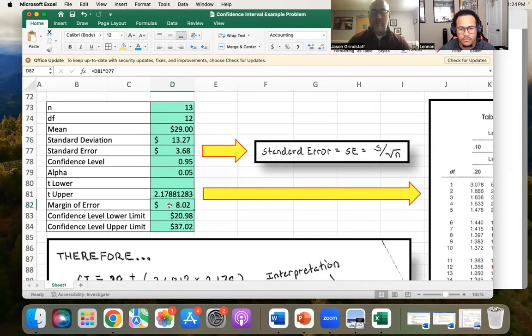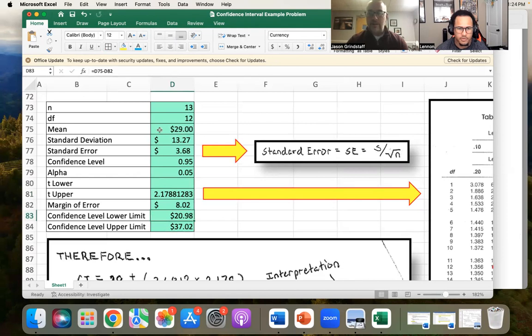So how did I get 8.02? I took my confidence level times standard error equals $8.02. You see? So now that $8.02, I just need to add that and subtract that from what?